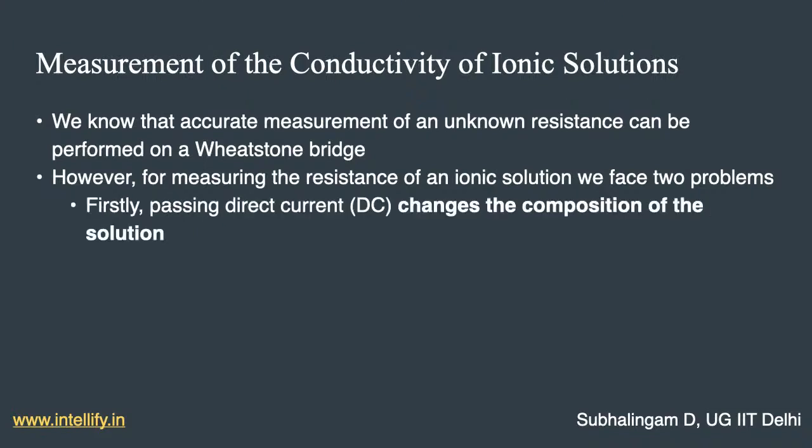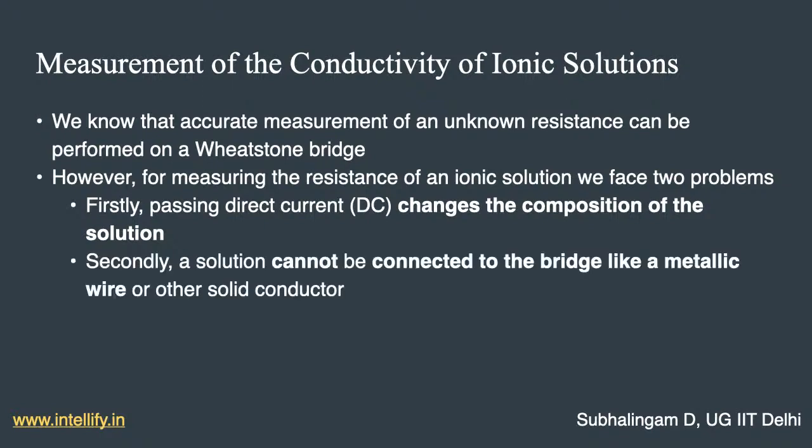Firstly, passing direct current changes the composition of the solution. Secondly, a solution cannot be connected to a bridge like a metallic wire or other solid conductor. So these are the two problems because of which we cannot find the resistance of an ionic solution easily.